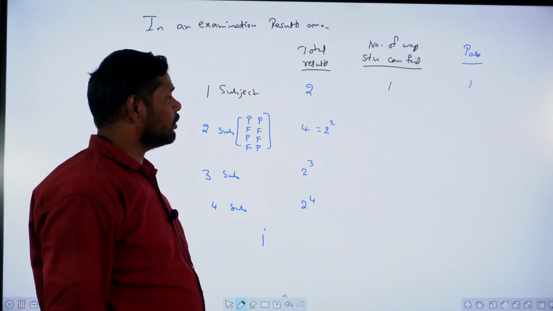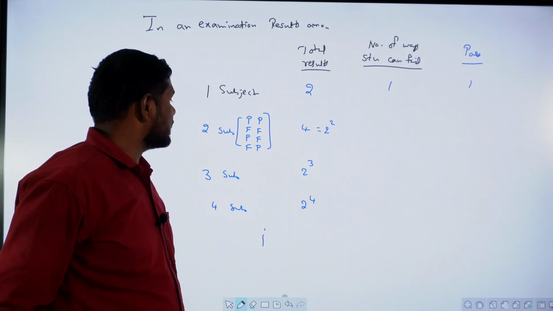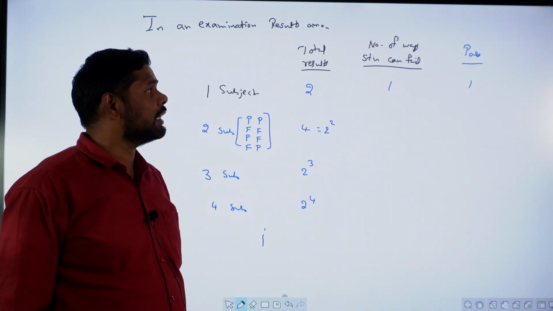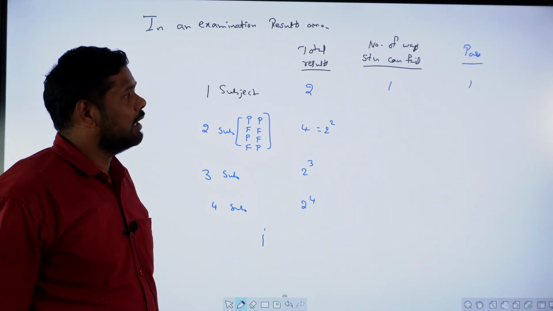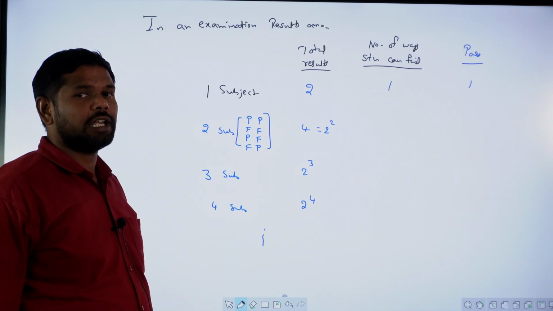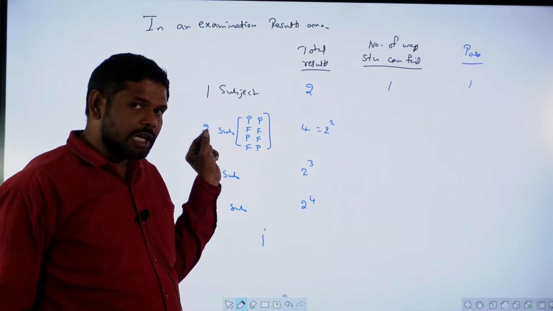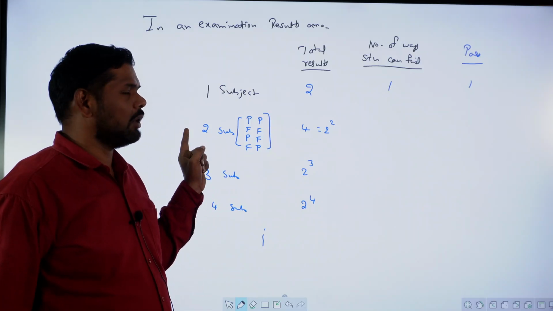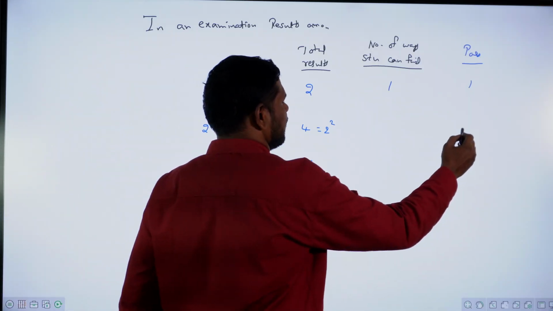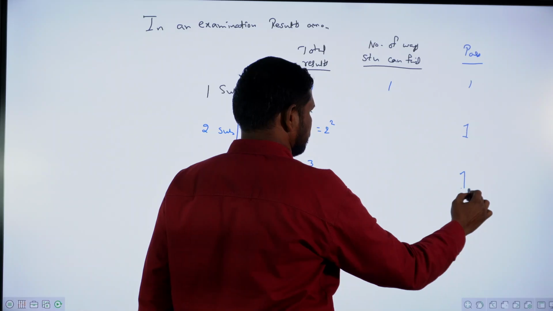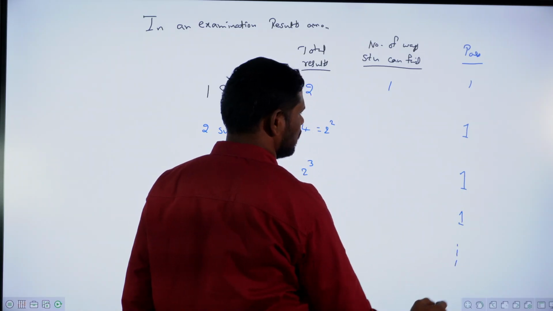Clear? Now for the second case, if 2 subjects are there, how many ways can a student fail and how many ways can a student pass? Pass means if he passed in all the subjects, then only we consider him pass. So pass is always only one way. That is important here.